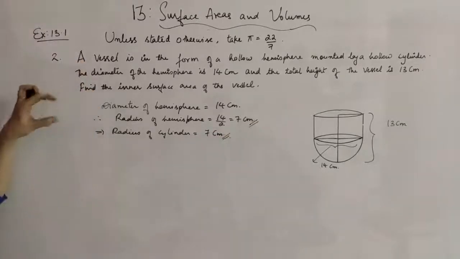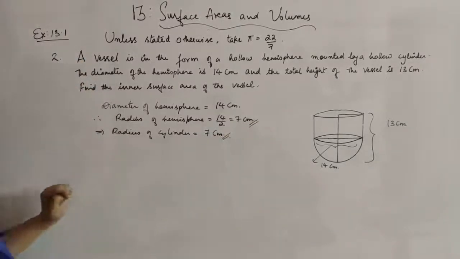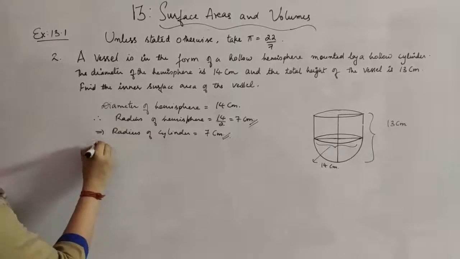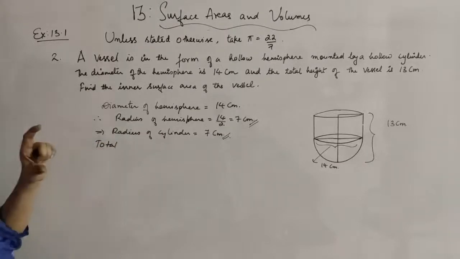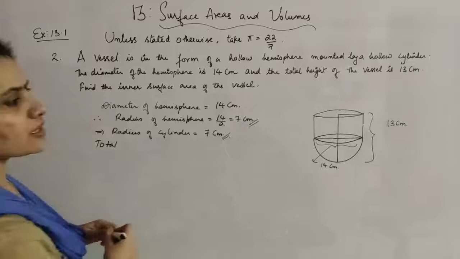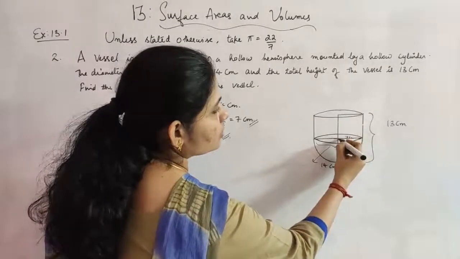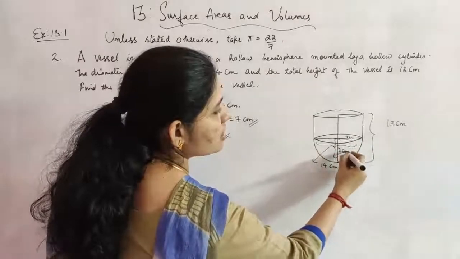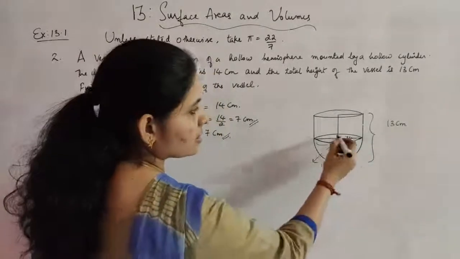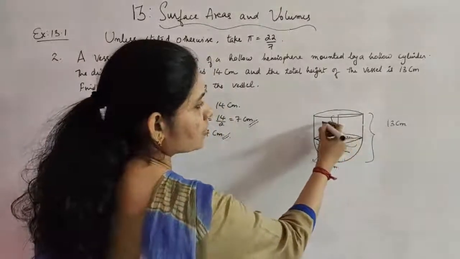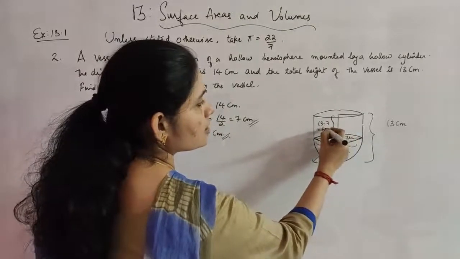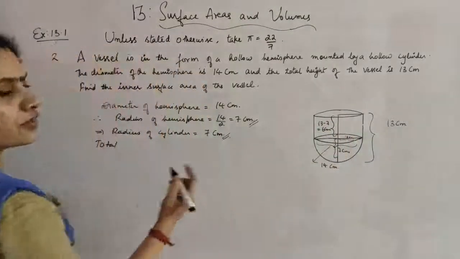Now what is given? The total height of the vessel is given to be 13. Therefore we can find out the height of the cylinder alone, because this much is 7, right? This is 7. Now this is 7 means here also you will have the same measurement, that is the radius. That means what will be this? It will be 13 minus 7, that is 6 centimeter will be the height of the cylinder.